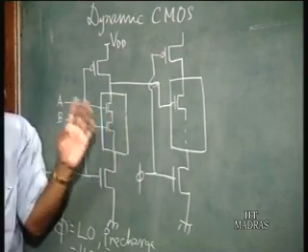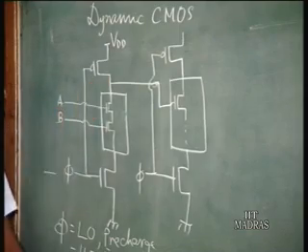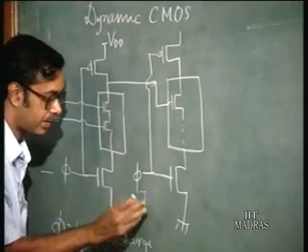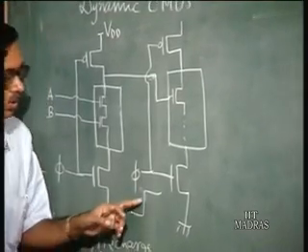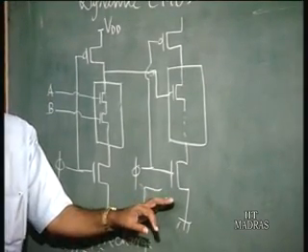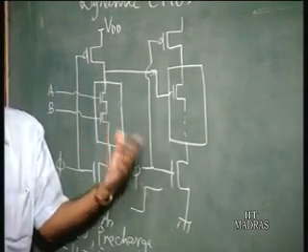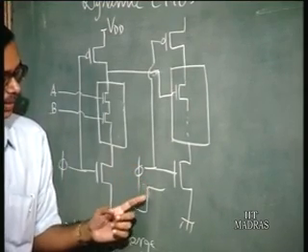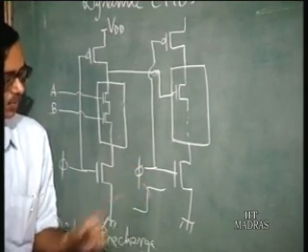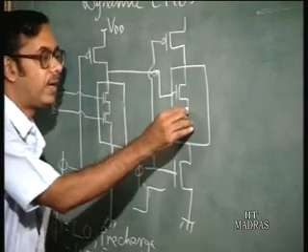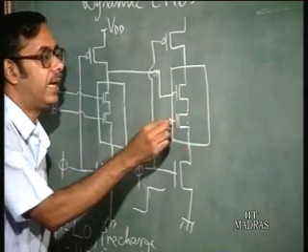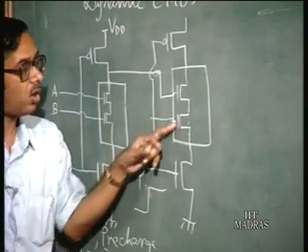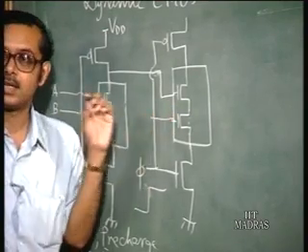So, what is going to happen now? Suppose this clock goes from low to high. For this gate, you are going to the evaluate phase from the pre-charge phase. At this instant when the clock goes from low to high, provided that again you have a NAND gate and these inputs are all coming from previous stages, all the inputs to these gates are going to be high.